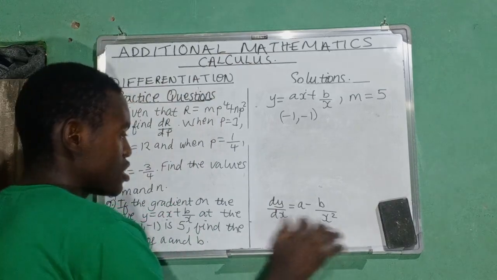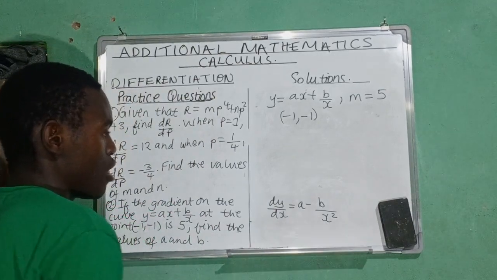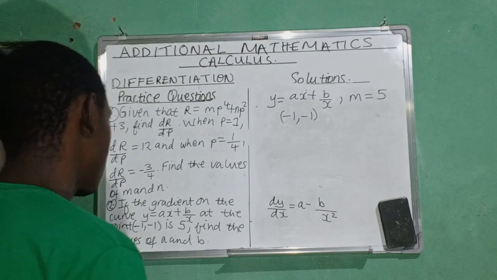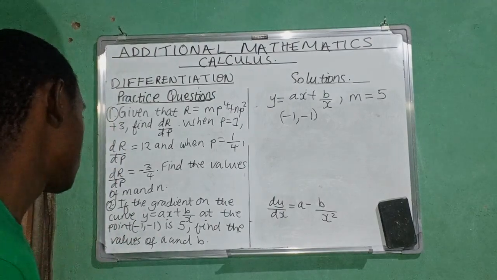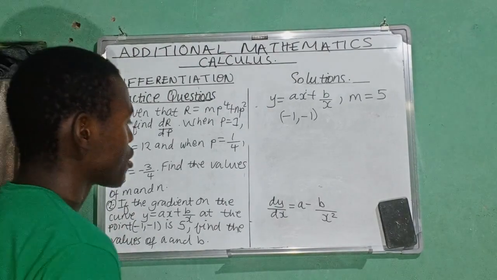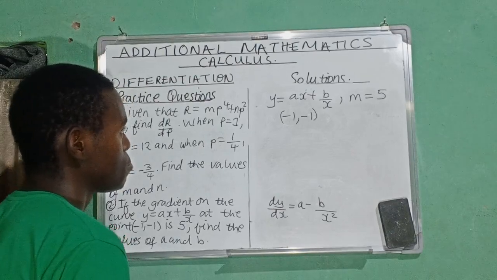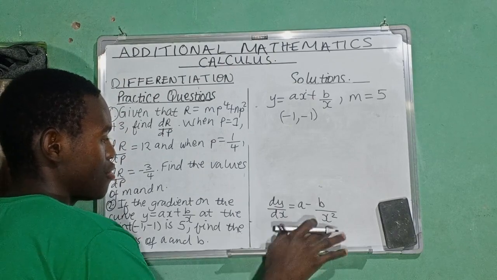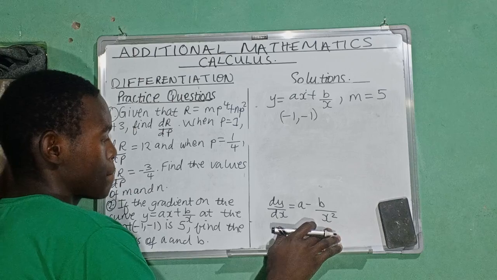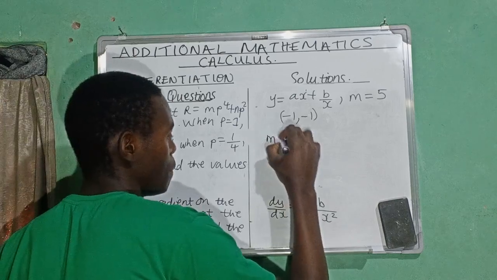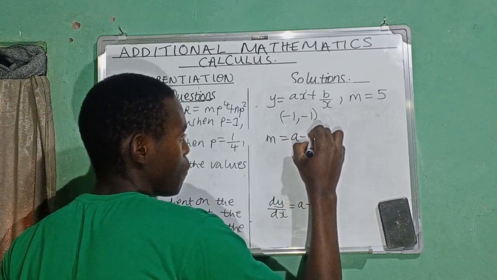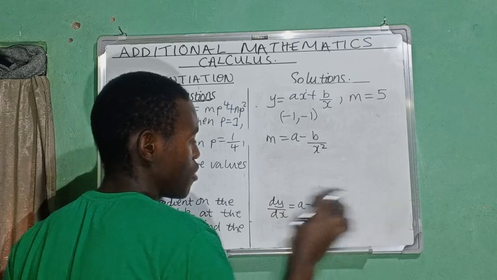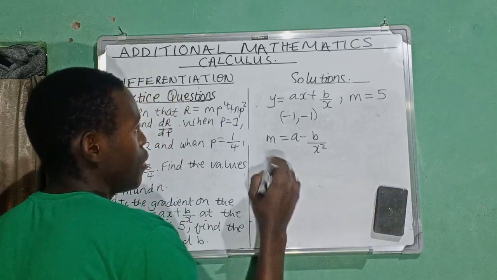So this is the function that will help you to get the gradient function. In this function, we say m is equal to a minus b over x squared, because this represents the gradient.